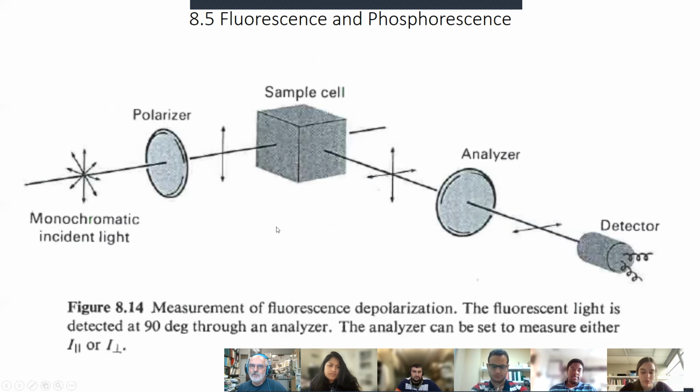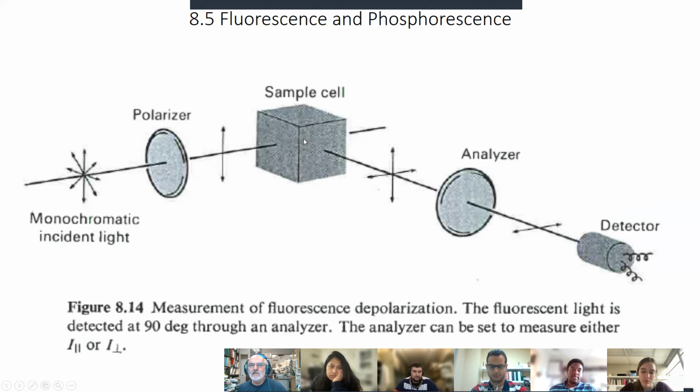So just one figure showing you the general design of a fluorimeter. We have a fluorimeter in my lab. You have polarized light going into a sample. Okay, the orientation of the light matters. And there are ways in the design of the instrument to accept light in only one direction and analyze light in other directions.